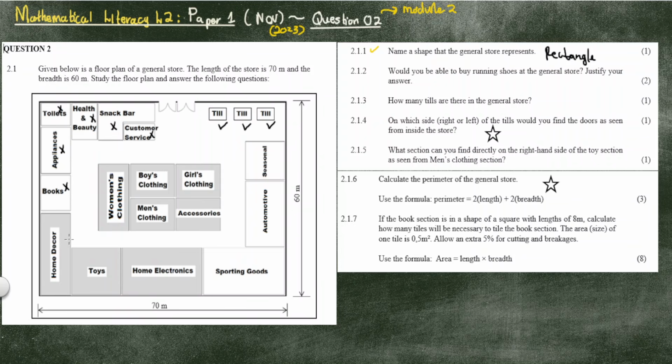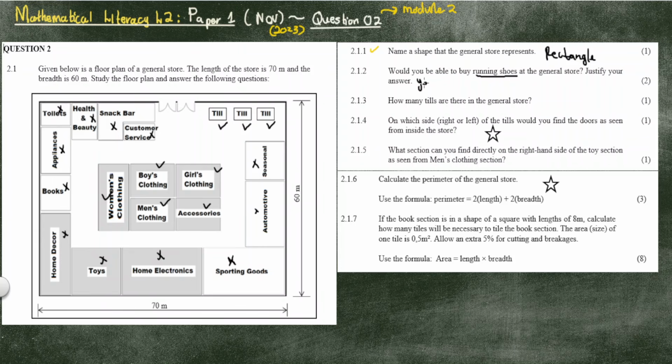Appliances, books, home decor, toys, home electronics, boys' clothing, men's clothing, women's clothing, girls' clothing, accessories, automotive, and seasonal. I don't know what they are selling with seasonal. It's okay, it's one of the shops. And sporting goods.